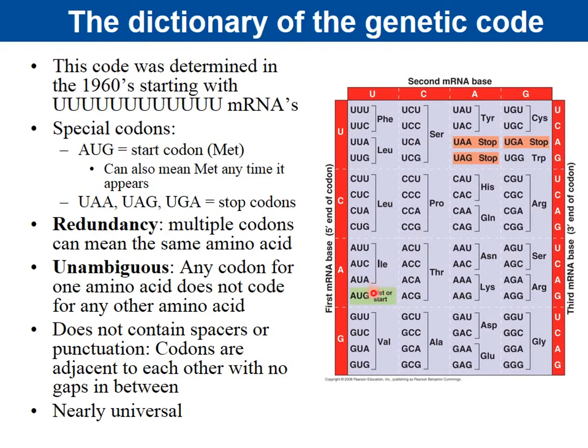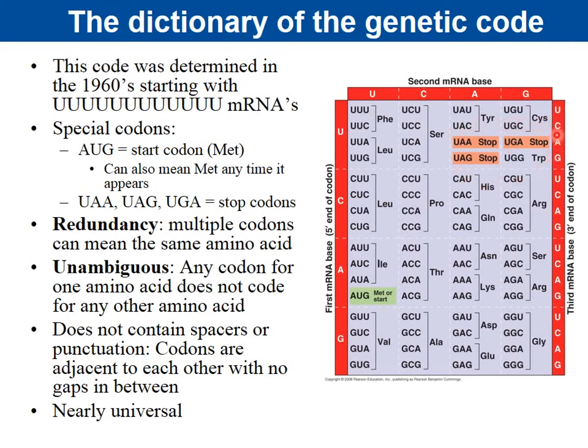So if you're looking at the mRNA, the first AUG is going to serve as the start of translation. And it's also going to bring with it the first amino acid, which is going to be methionine. So all proteins initially begin with the amino acid methionine. Now, any subsequent AUG is not going to serve as a start codon. It's instead going to just be another methionine amino acid.